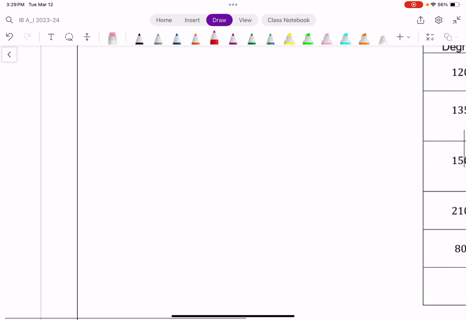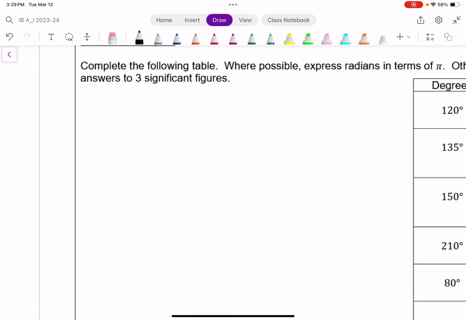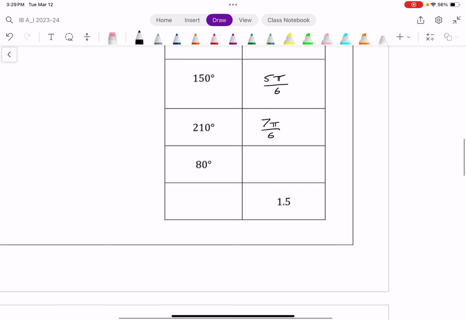I'll show that right here for my work. I multiply by pi and divide by 180, and then simplify this. 80 divided by 180 simplifies to 4/9. So I have 4/9 pi, or we can say 4 pi over 9, whatever makes you happy. I'll go with 4 pi over 9.